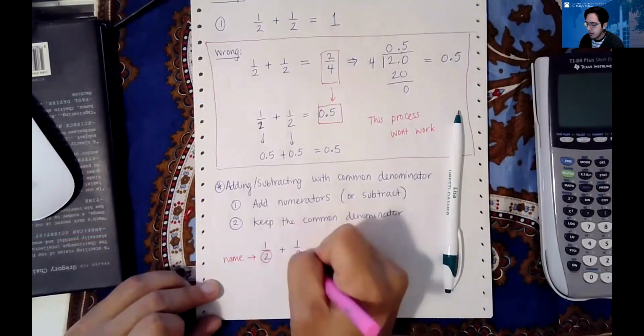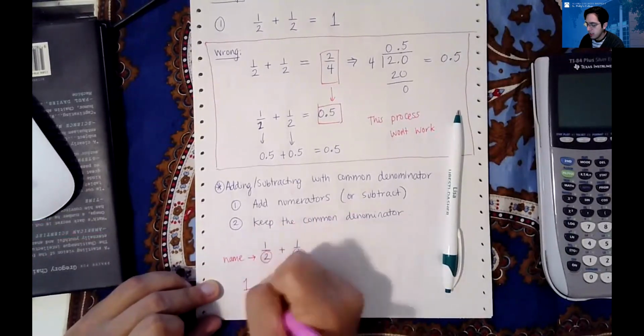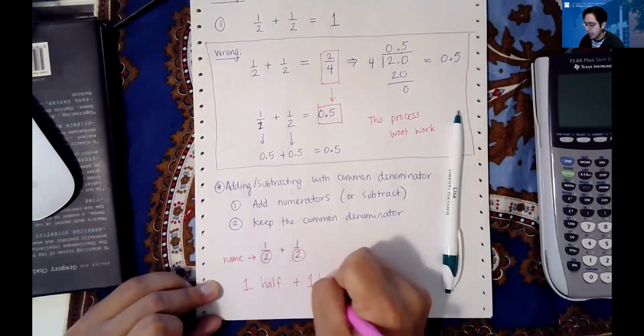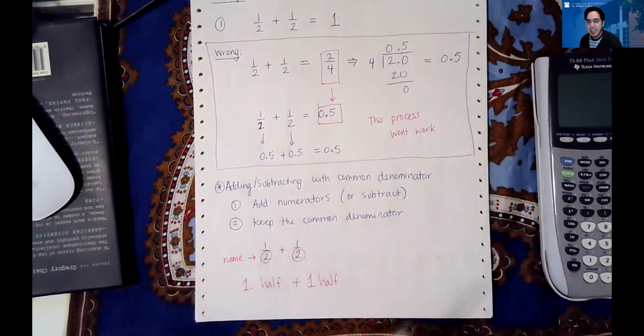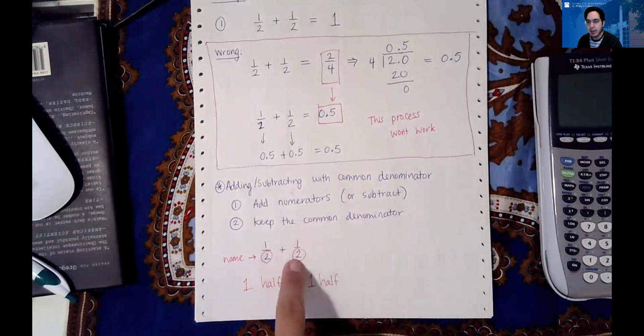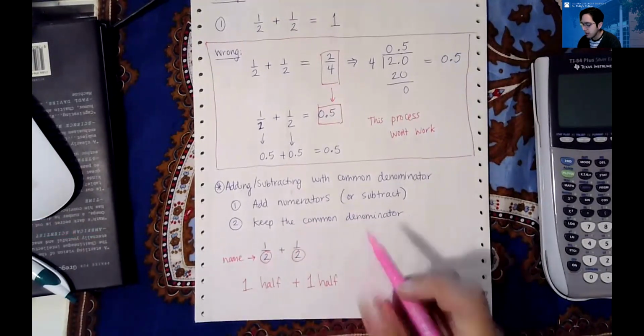So if I have 1/2 plus 1/2, it's like if I went to the store and I had 1 apple and then I received another apple. How many apples do I have? Well, I have 2 apples, right? So if I have 2 objects that are the same kind of object, then I should just say, okay, I had 1/2 plus another half, so I should have 2 halves.